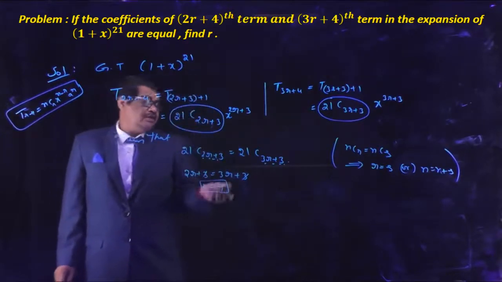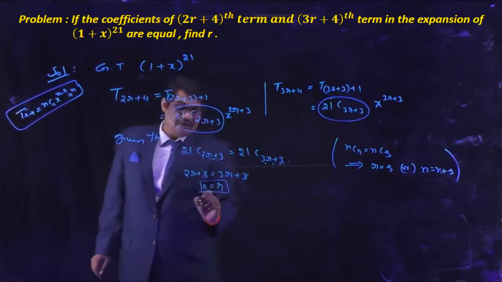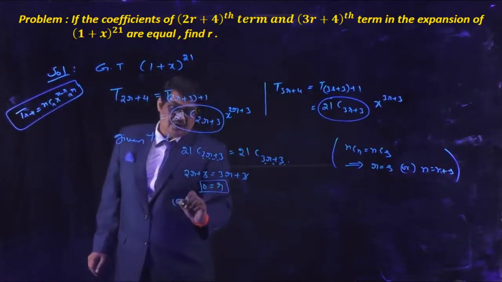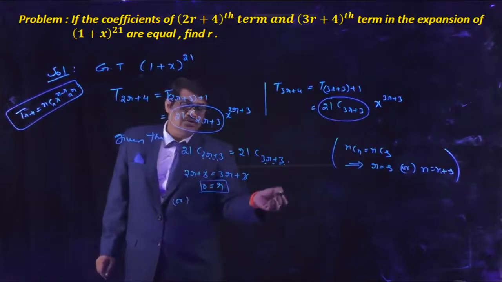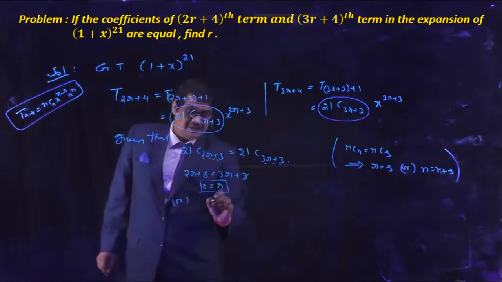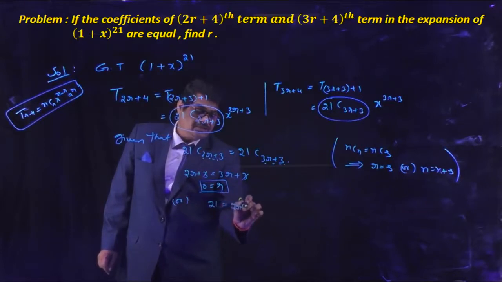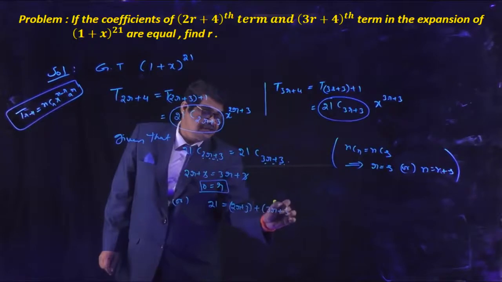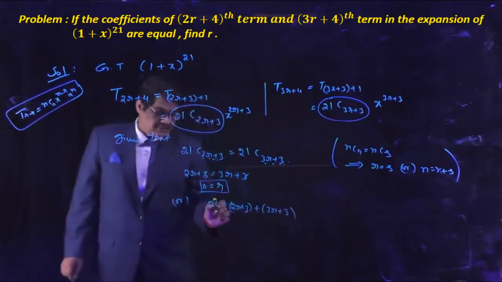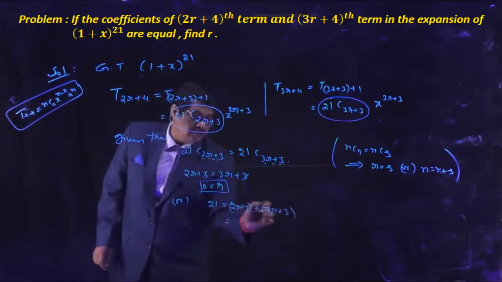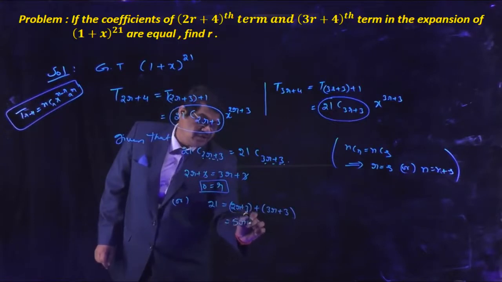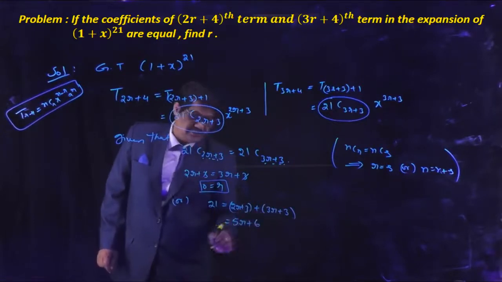And what is the other formula? n is equal to r plus s. Here n is 21, which is equal to 2r plus 3 plus 3r plus 3. Now that is equal to 2r plus 3r, that is 5r, and 3 plus 3 is 6.